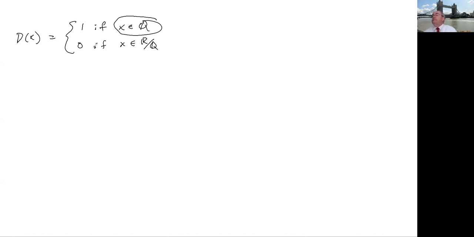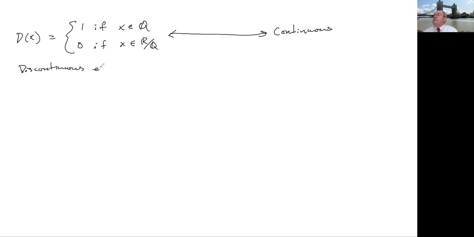Very good, exactly. So we've got ourselves this function that doesn't work. But we know every continuous function works. This function does not work, but these are kind of drastic contrasts. This function is discontinuous everywhere, and actually has an uncountable number of discontinuities.